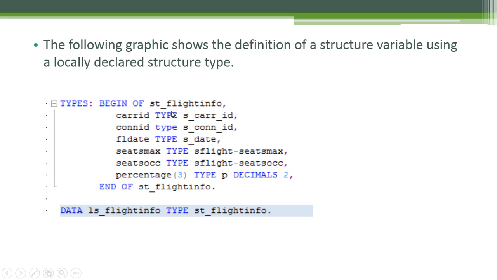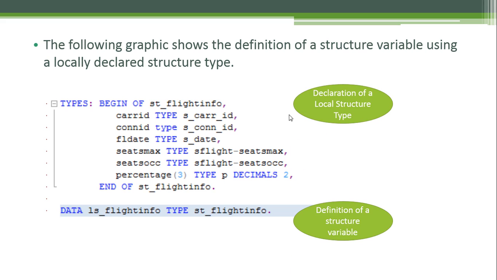After you declare the type of your structure, you declare your structure variable, typed with your recently created structure. This is the declaration of a local structure type, and at the bottom we have the definition of a structure variable.